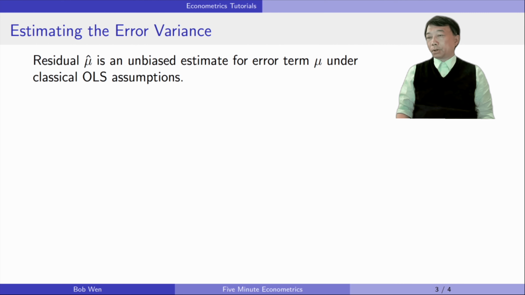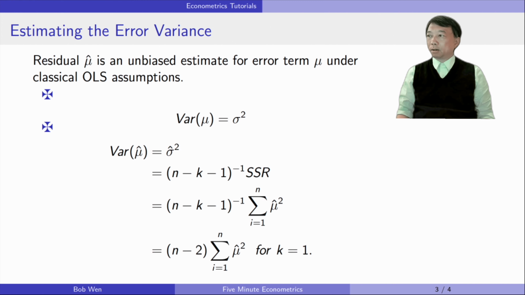The residuals are unbiased estimates for the error terms. We can use the residual sum of squares, SSR, to estimate the variance of the error terms. I will illustrate the difference between the error term and the residual in the next topic.